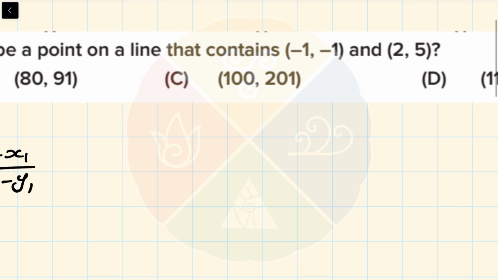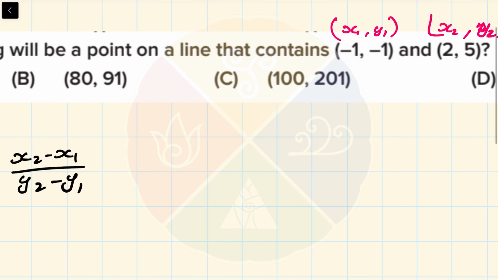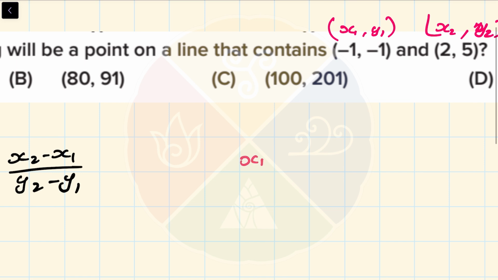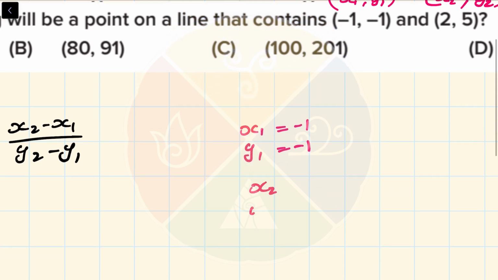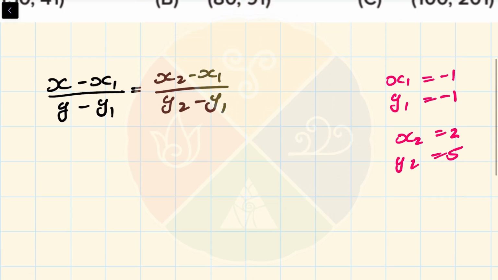I will call the first one x1 y1 and the second one x2 y2. So x1 is minus 1, y1 is minus 1, x2 y2 is 2 and 5. If I replace that value, I will get the equation directly.